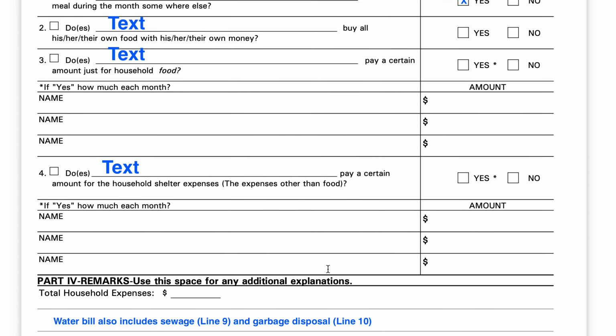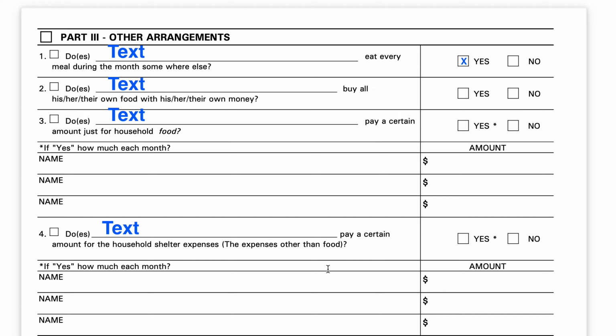So if there are other arrangements, then they may ask you to complete part 3. For example, does George eat? So does George, these are all items that may or may not trigger the 1/3 reduction provision.